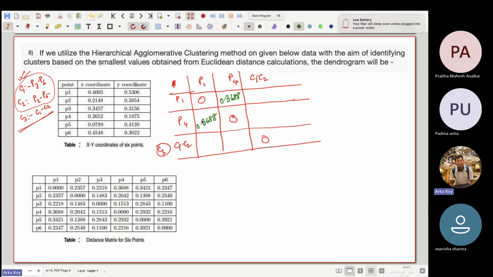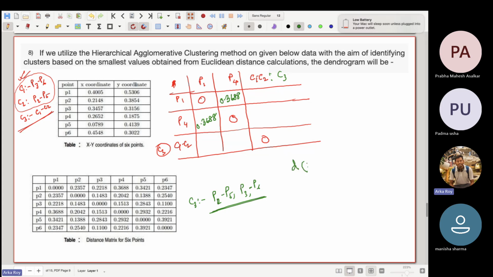Now you have to calculate P4 से लेके C3 का distance. C3 itself comes with C1, C2. So that means now your C3 is P2, P5, P3, P6.